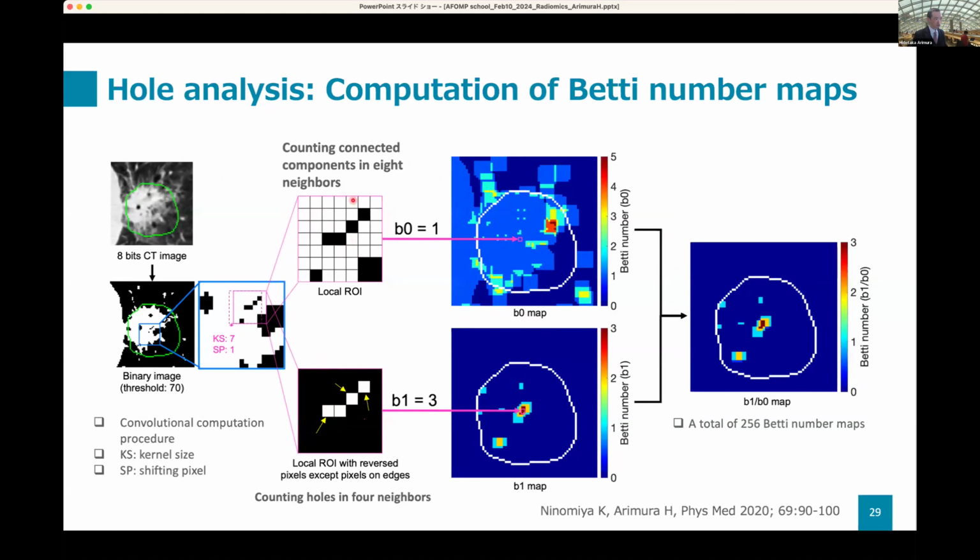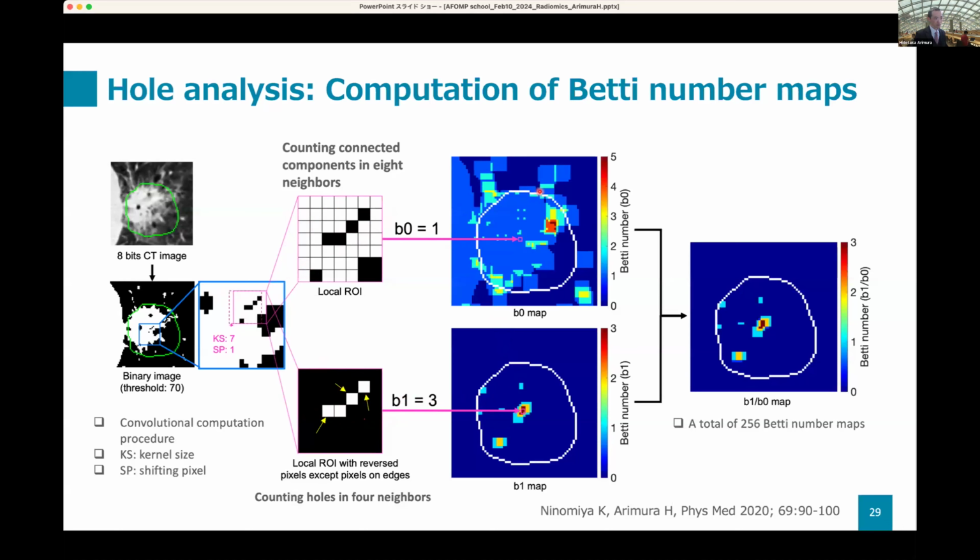In this case, we have just one connected component, so B0 is equal to 1. And there are 3 holes, so B1 is equal to 3. Then we can calculate the Betti numbers in all areas.